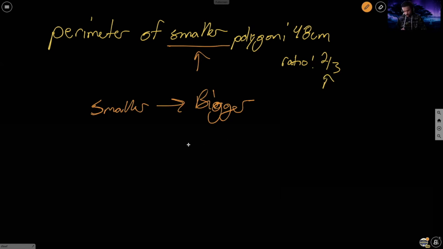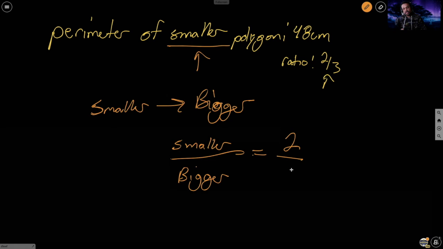And so we can set up this ratio where we have the smaller divided by the bigger. All right, and then we see that that ratio is still the same here.